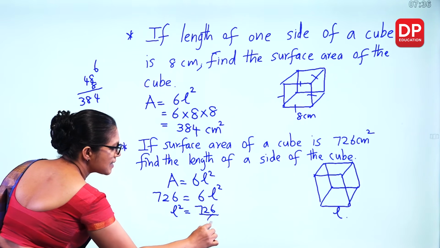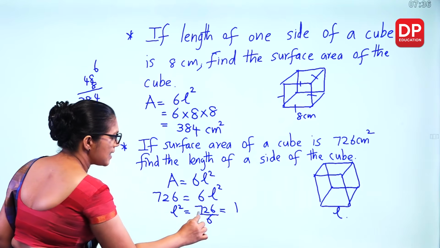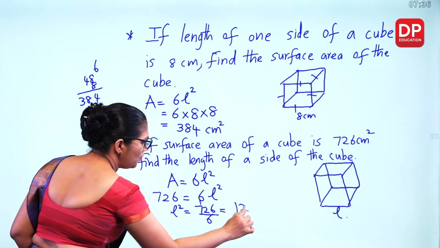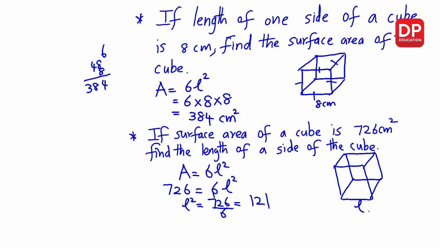726 divided by 6. So what's that? Divide by 6. 6 times 1, 6. For 12, that's 2 and 1. 121. So to find L, what do you do? You take the square root of 121. When you take the square root, you get a plus or minus value.